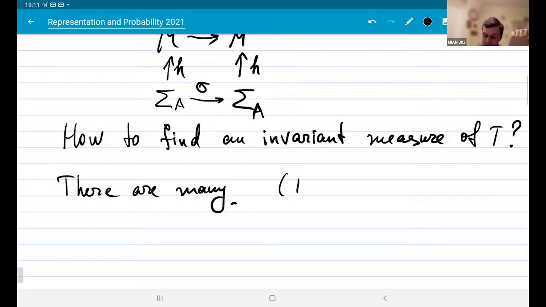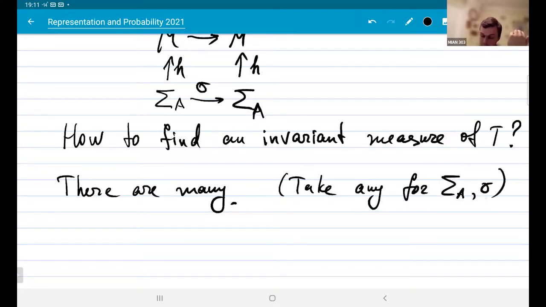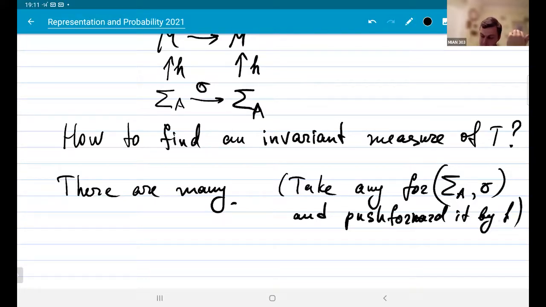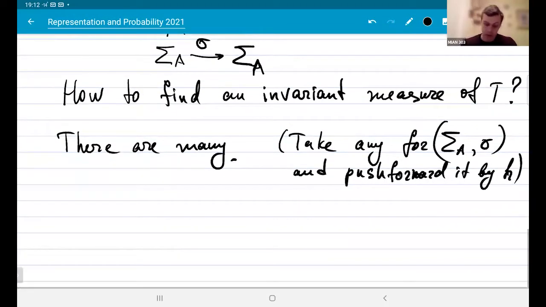Just take any invariant measure for our topological Markov chain and push it forward by H. But of course, some of them are more natural than the others, and in particular, there is one interesting measure which is called the Parry measure.